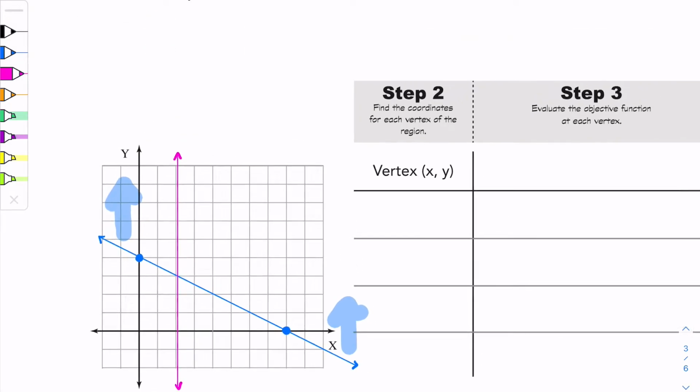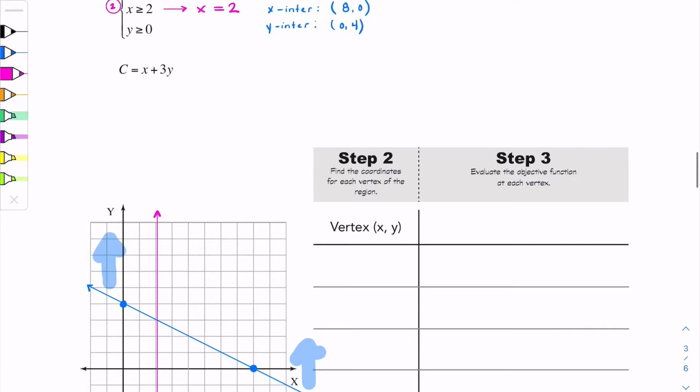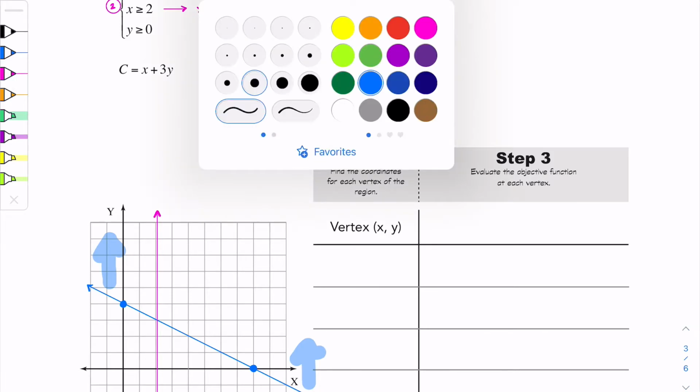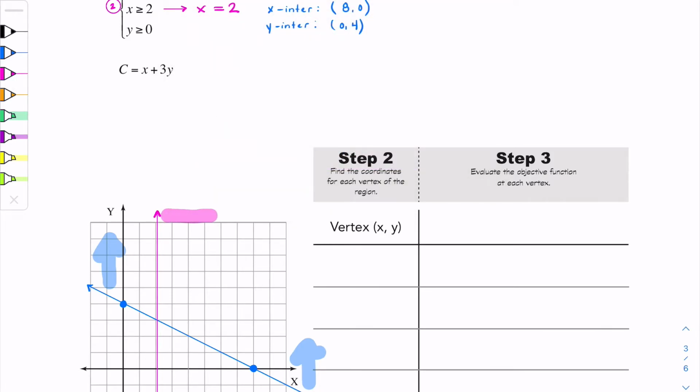As far as shading goes, if you test 0, it comes out to be false, so you would shade away from 0. But you can also just think of the x-axis as a number line. If it says x is greater than 2, that means you need to shade all values larger than the x value of 2, which is the right side of that pink line.